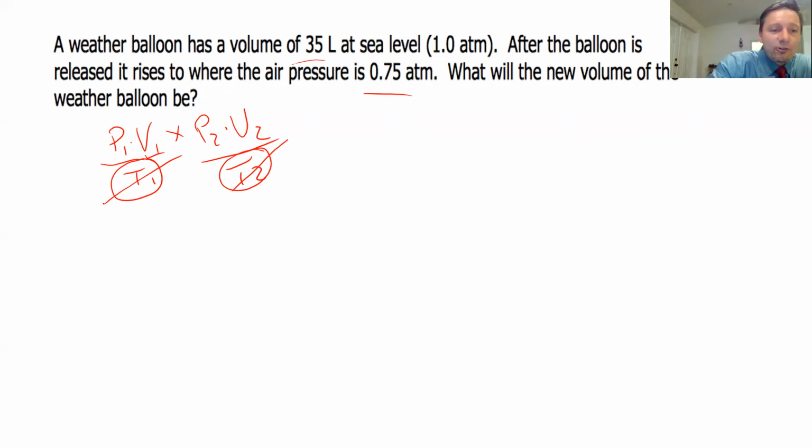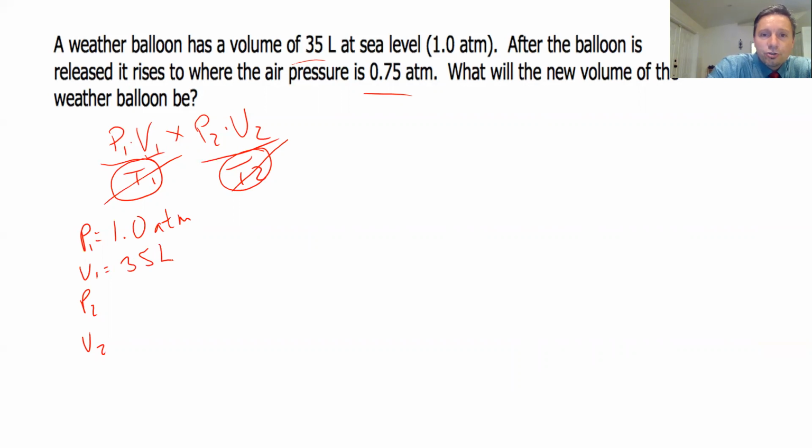So we can write down all our constants here. I like to write everything out, if you remember from when we did this previously. Pressure 1 is 1.0 atmospheres. Volume 1 is 35 liters.